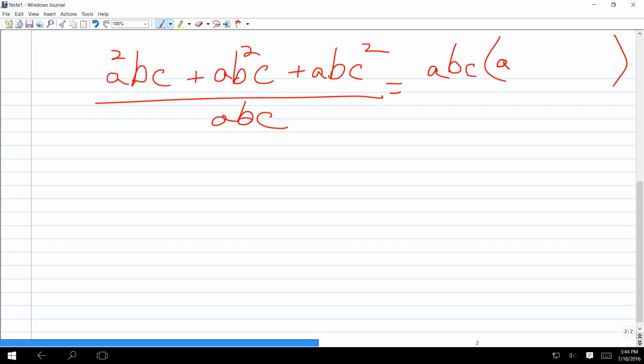Hold on. A plus, yeah, plus B plus C. Yeah, you were well ahead of me again. Still dividing that by A, B, C. And see now why it was really helpful to factor the numerator? Yep. Now those cancel. Wow. That's my answer.